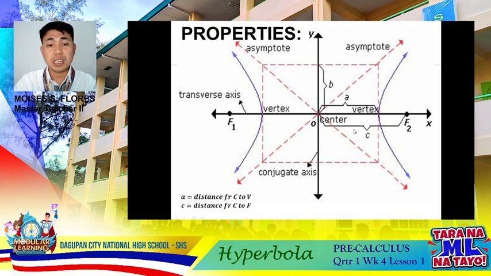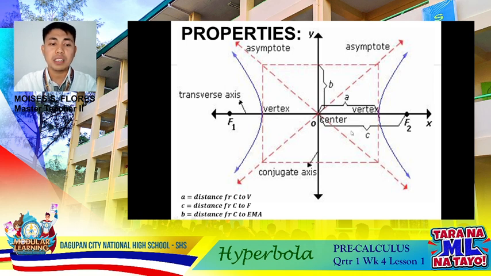Remember this, guys: on the transverse axis are located the center, the vertices, and the foci, lined up side by side, parallel to the axis of symmetry, that is, on the transverse axis.